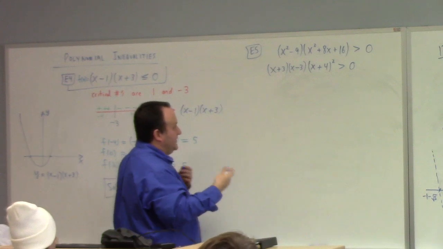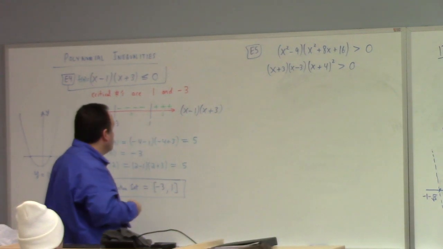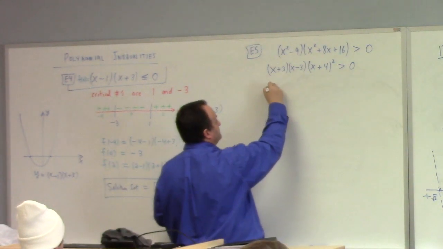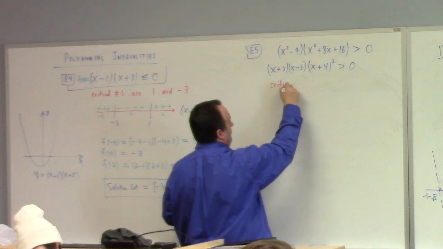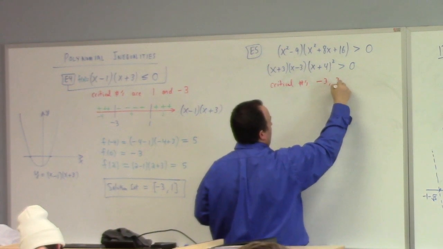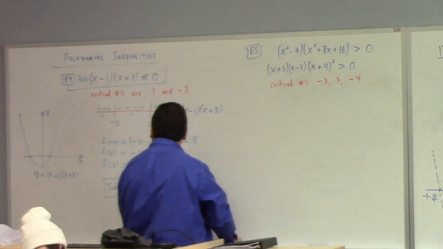We could call this expression f of x again for the sake of reference if we wanted. I'm not going to even bother. What are my critical numbers? -3, +3, and -4.